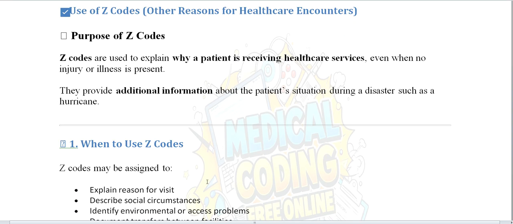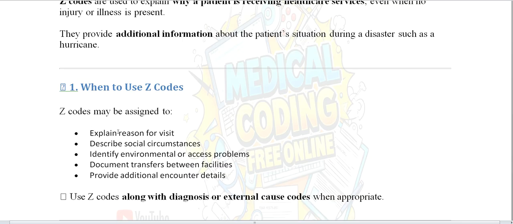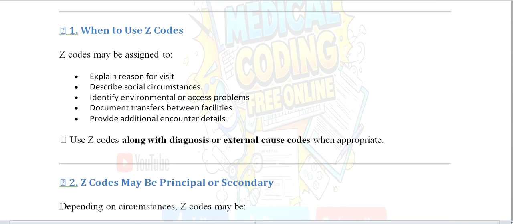When to use Z codes: Z codes may be assigned to explain the reason for the visit, describe social circumstances, identify environmental or access problems, document transfers between facilities, and provide additional encounter details. Use Z codes along with the diagnosis or external cause code when appropriate.